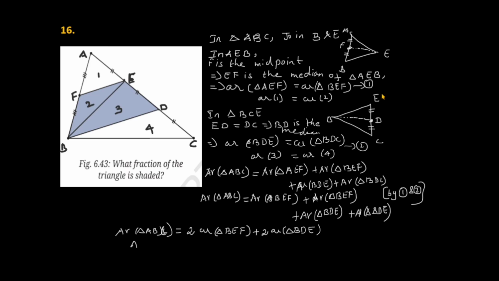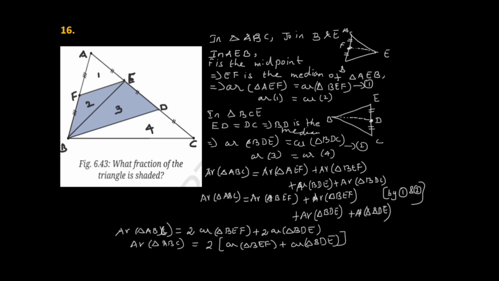Now area of triangle ABC is equal to, 2 is common, if we take it outside, area of triangle BEF plus area of triangle BDE.